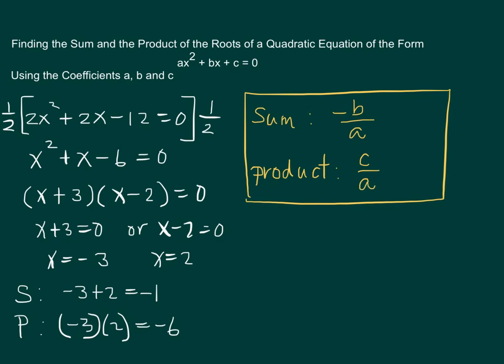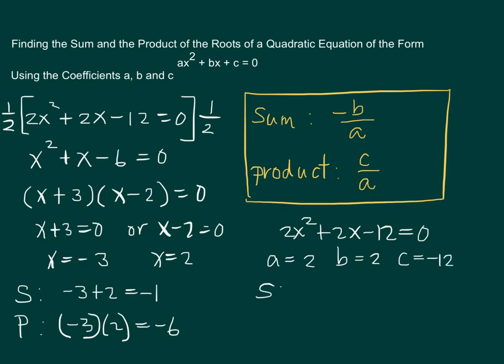If I apply this rule to get the sum of the roots of 2x squared plus 2x minus 12 equal to 0, using that same example, my a is equal to 2, my b is equal to 2, and my c is equal to negative 12.